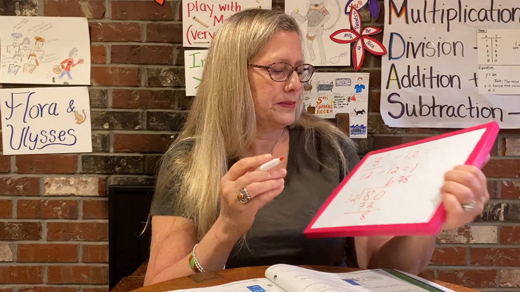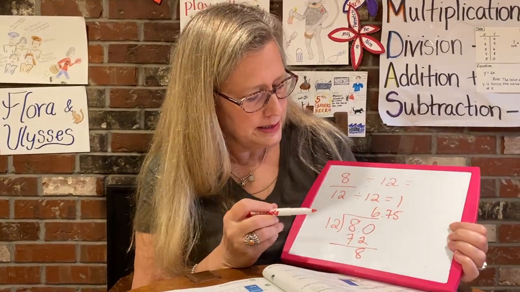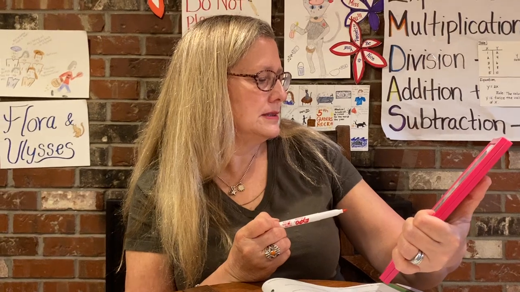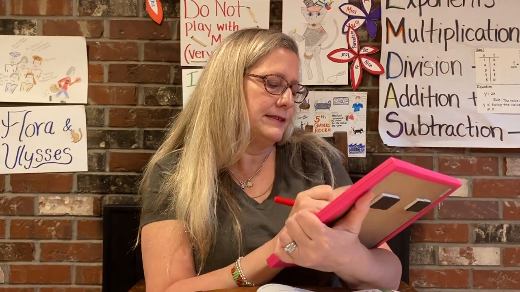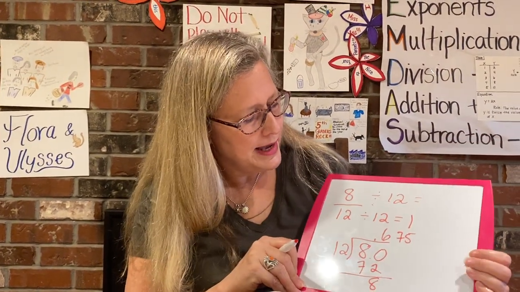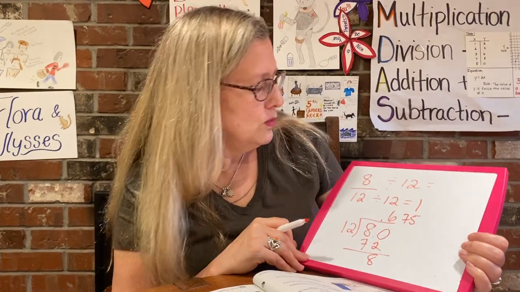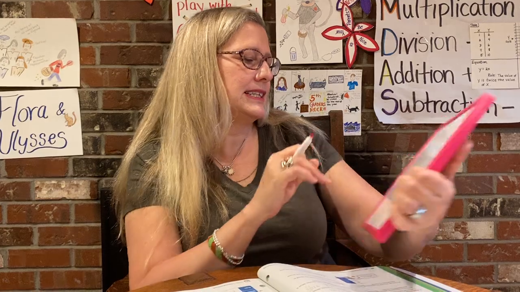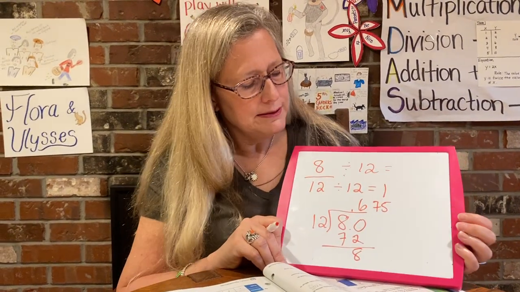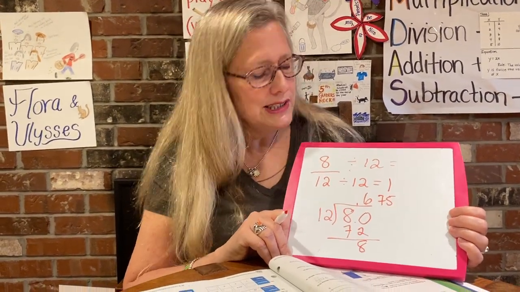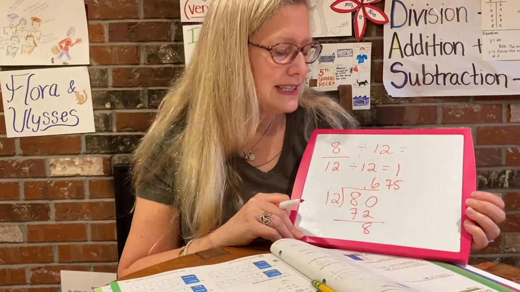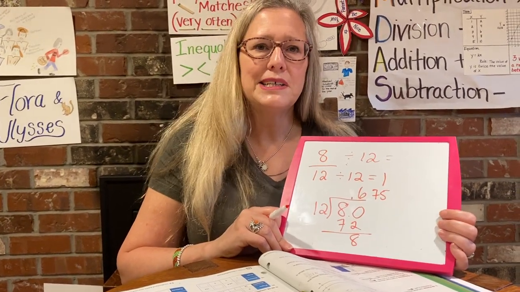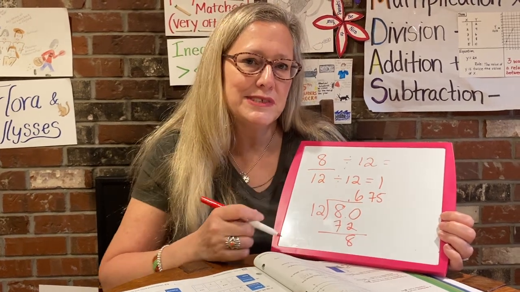So I get 0.675. That means I can get 675 thousandths of a soda.